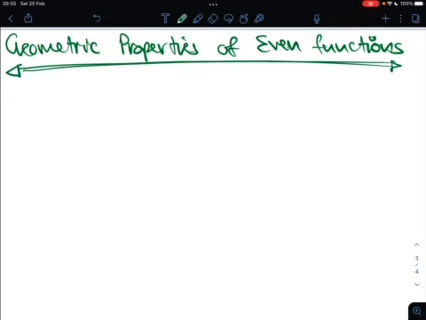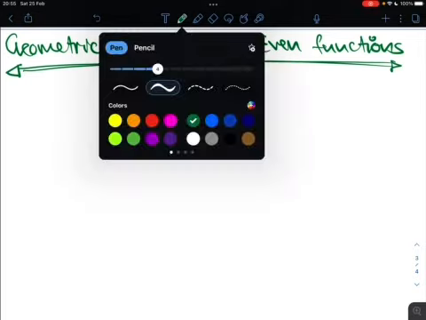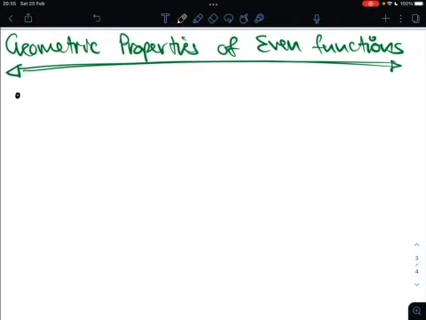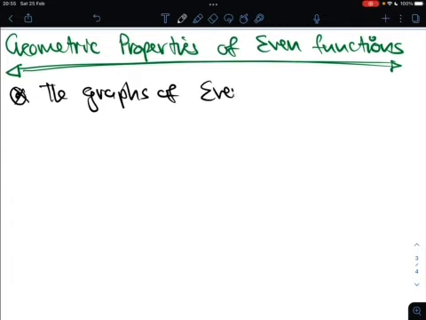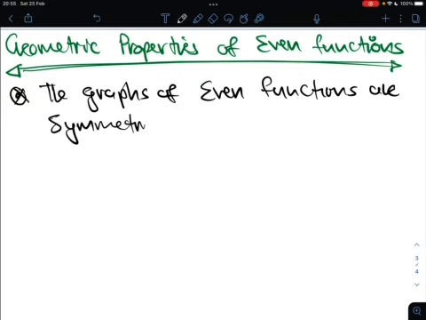So what are the geometric properties of even functions? One of the geometric properties of even functions is as follows: the graphs of even functions are symmetrical about the y-axis.